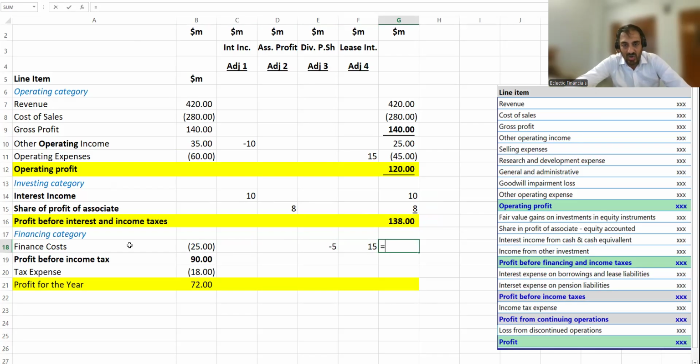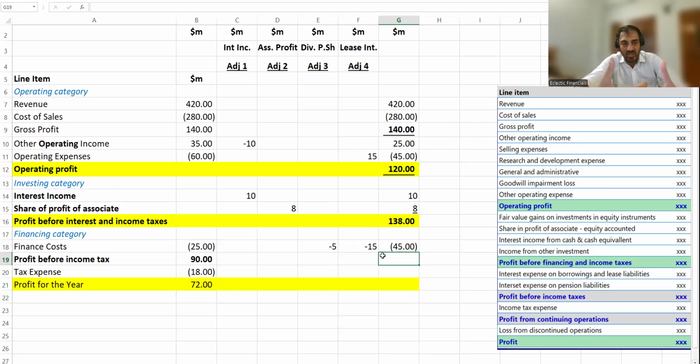And then finance cost. All these things need to be added, simple as that. 25 plus 5 plus 15, total negative 45.